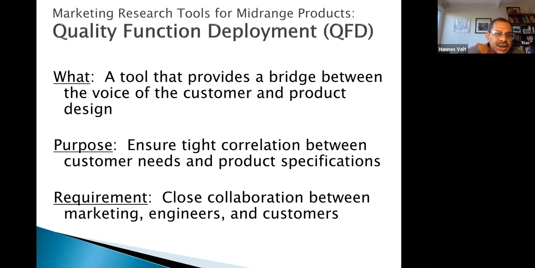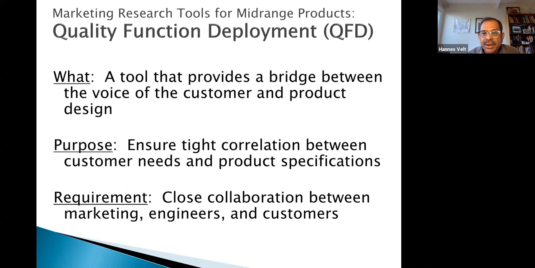Now I'm going to talk a little bit about quality function deployment and the Kano concept. So QFD is a broad set of tools available to improve quality of products and services.